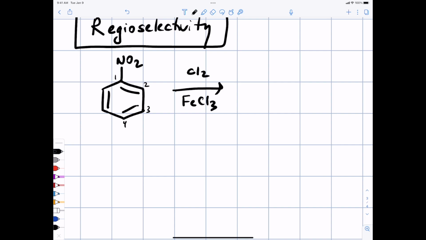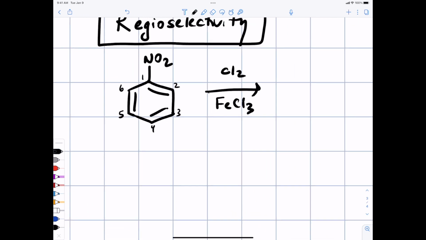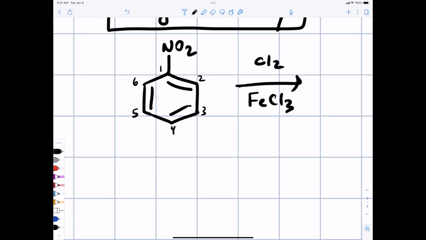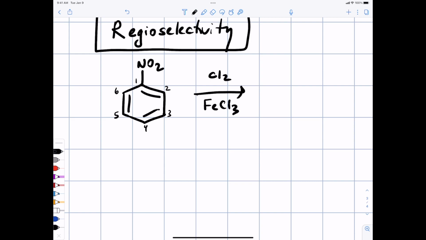in the ring. Carbons 3 and 5 are identical, and carbons 2 and 6 are identical. Relative to the nitro group, we're going to call carbons 2 and 6 the ortho position. Carbons 3 and 5 we'll call the meta position, and carbon 4 we'll call the para position.